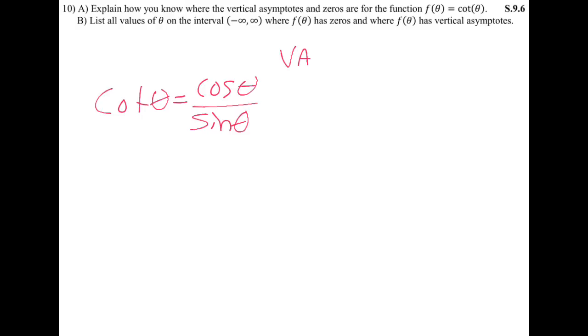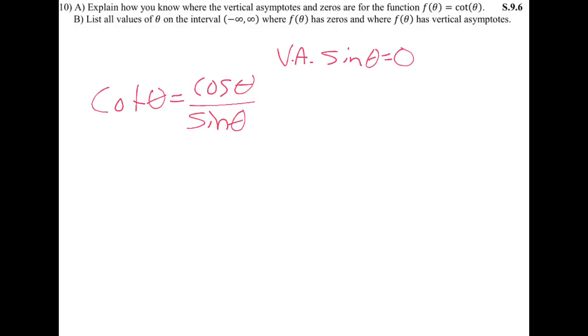So we'll have a VA when sine of theta equals 0. And we will have zeros when cosine of theta equals 0, because when the numerator of a fraction is 0, that whole fraction is 0.